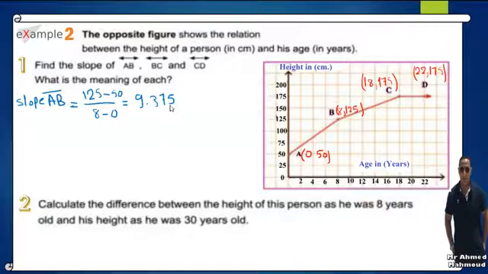That means the rate of change of the height equals 9.375.